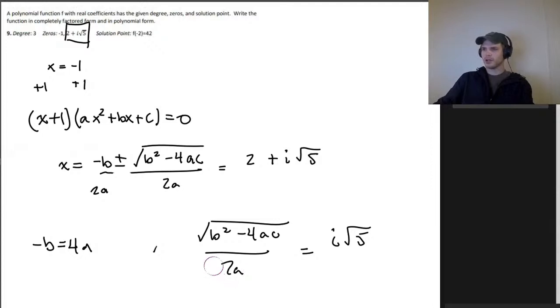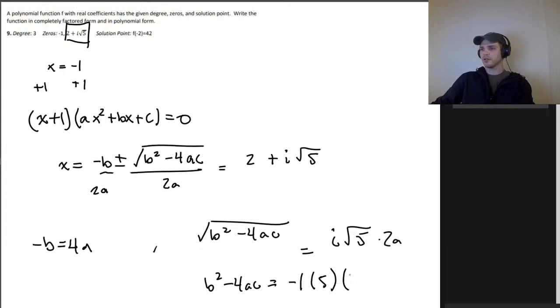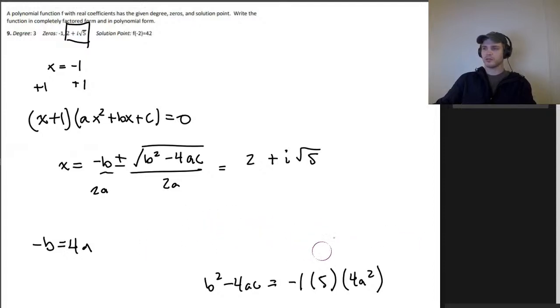Then let's multiply both sides by 2a here and square everything. This gives me b squared minus 4ac equals negative 1 plus 5 plus 4 squared. Let's collect these two equations and see what else I can get.